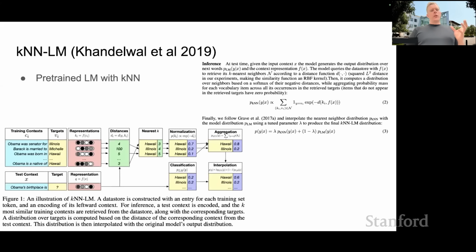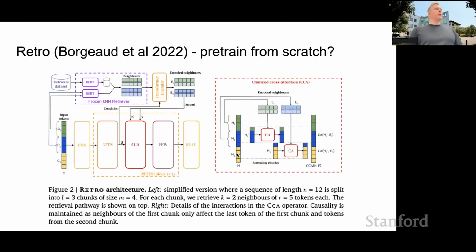Another pure decoder language model architecture is this one, KNN-LM, which I think is very elegant in its simplicity. You just have a normal language model, but you interpolate the normal language model weights with things that you retrieved.